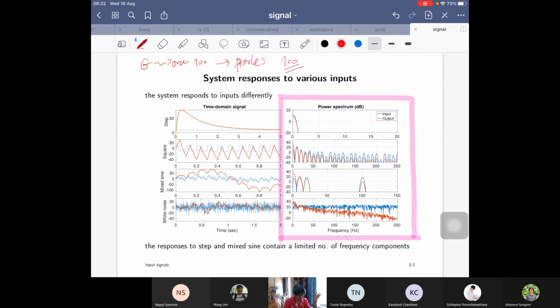Those poles characterize the response. Some poles may be fast, some poles may be slow, right? Some poles may be complex conjugate pairs that represent oscillation behavior. Okay, and those poles correspond to what? That's what we call the frequency modes of the system.